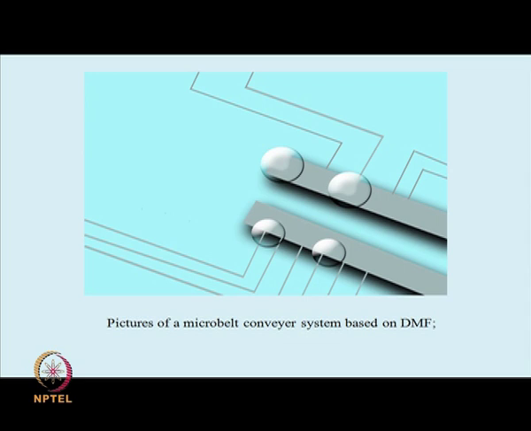So, now it acts like a conveyor belt. The droplets move with equal velocity, and the sheet also moves with the droplets, and therefore, if you keep something on top of it, then the entire thing will act as a conveyor system. And this is what you can see in this figure, a very interesting example.